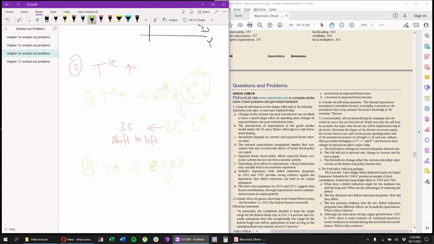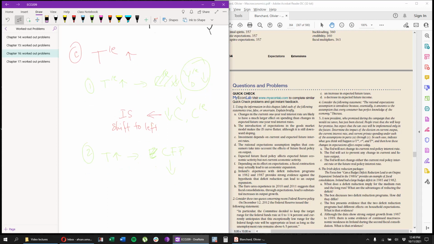So what might happen is that in order to fix this, the Fed might implement an expansionary monetary policy in order to bring output back to the initial level. This is going to increase output. But this doesn't actually have to happen.